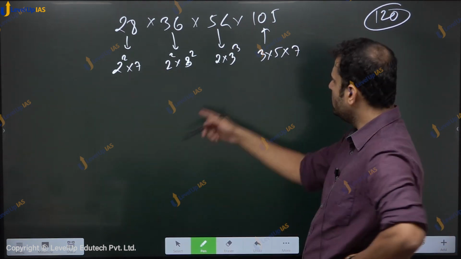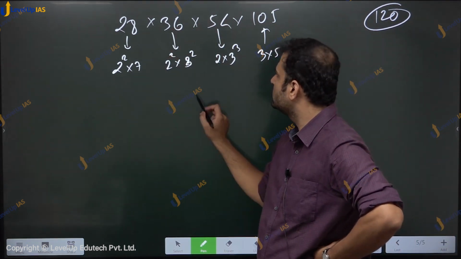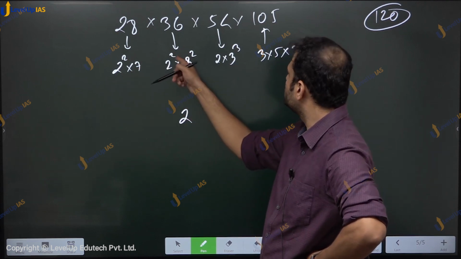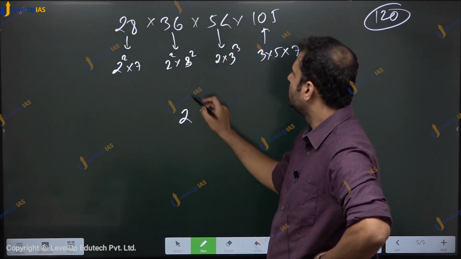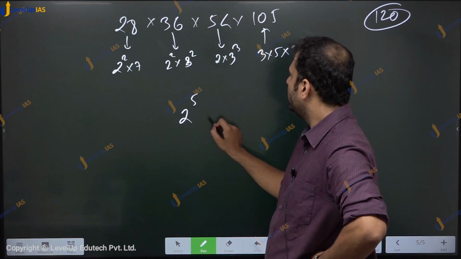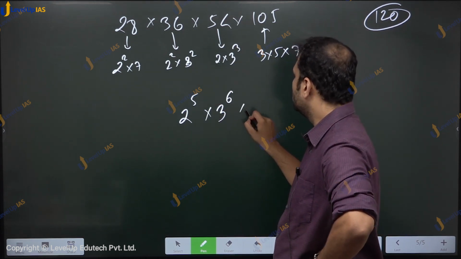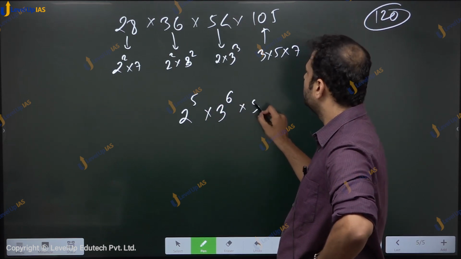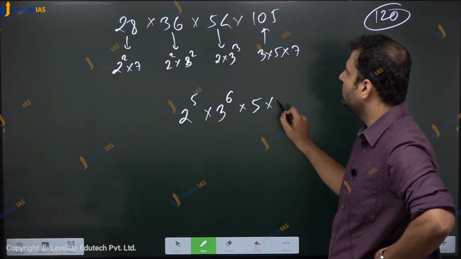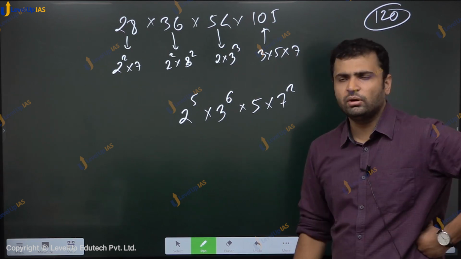So in total, this multiplication is 2 to the power 2 plus 2 plus 1, that is 2 to the power 5, into 3 to the power 2 plus 3 plus 1, that is 3 to the power 6, into 5, which came only once, and 7 we have 2 times. This is the number we have.